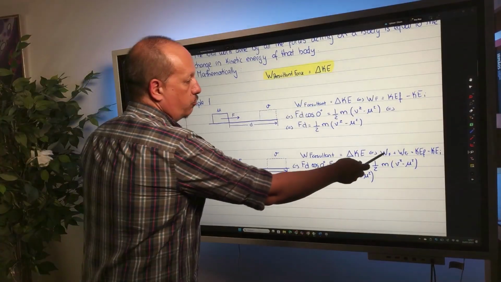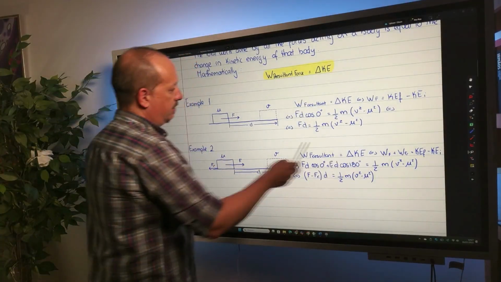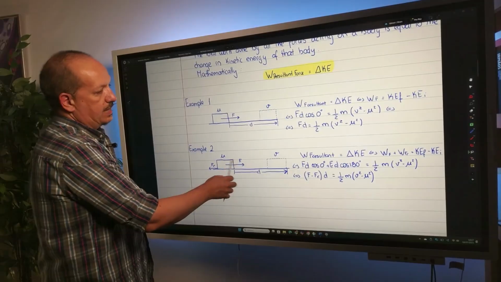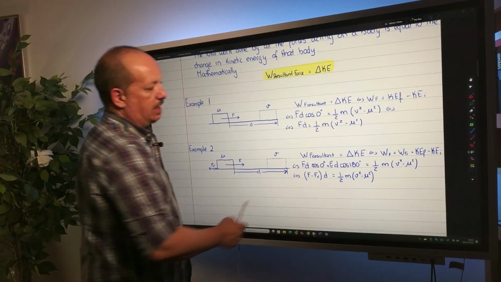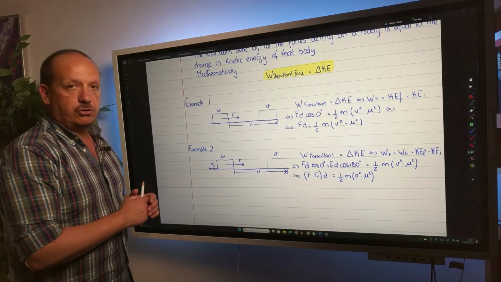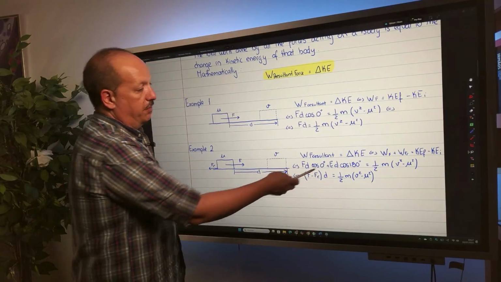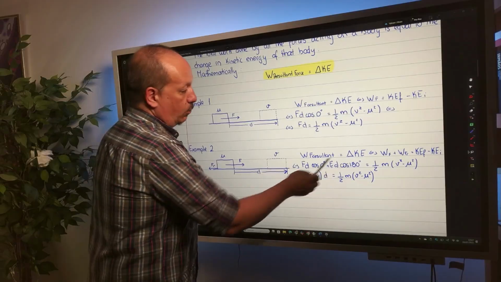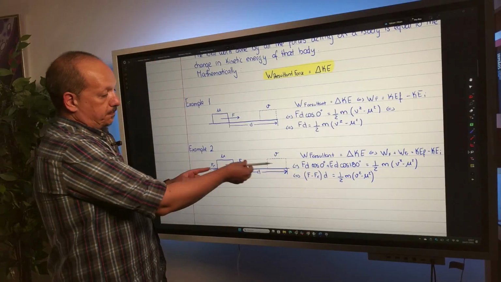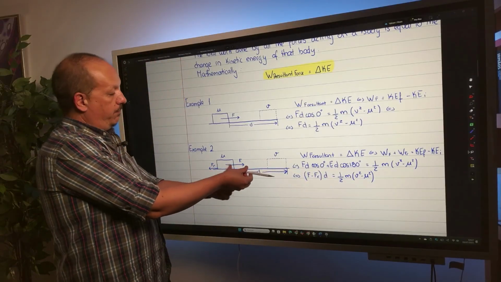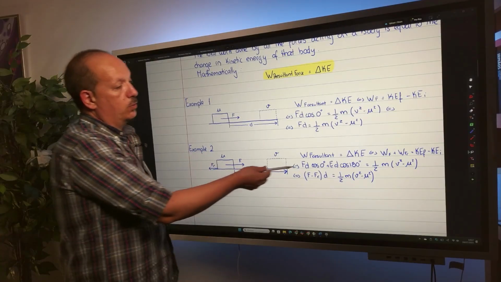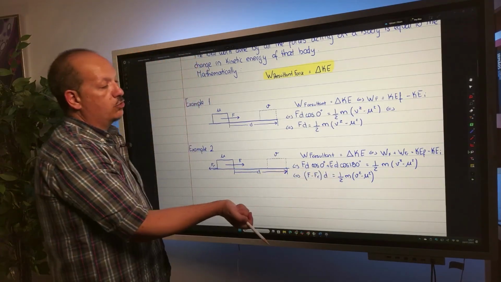Now let's look at each one individually. I already talked about this. Nothing changed in relation to force F, so that's just F d cosine of 0. But in relation to friction, you have the value of the friction, the intensity of it, the displacement, and the cosine of the angle between these two. Displacement is that way, friction is this way. You have cosine of 180, which is -1.